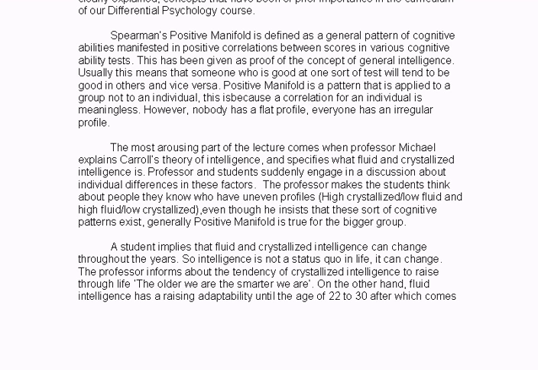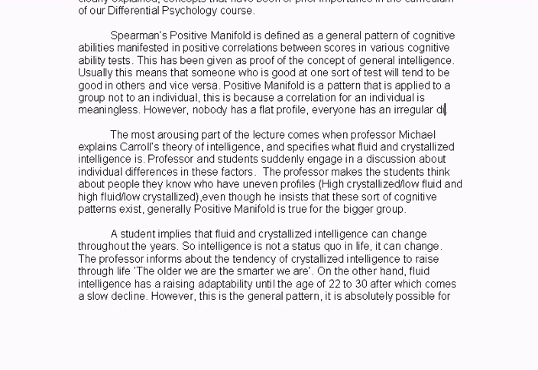This is because a correlation for an individual is meaningless. However, nobody has a flat profile. Everyone has an irregular distribution of abilities.